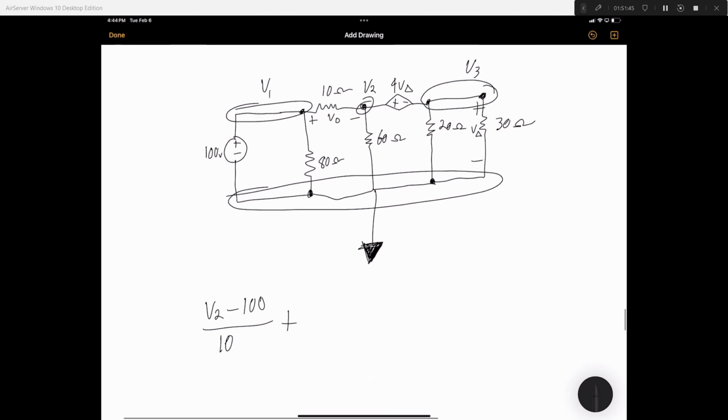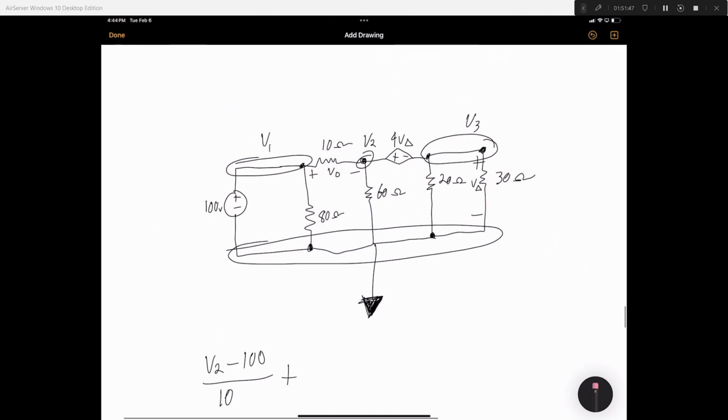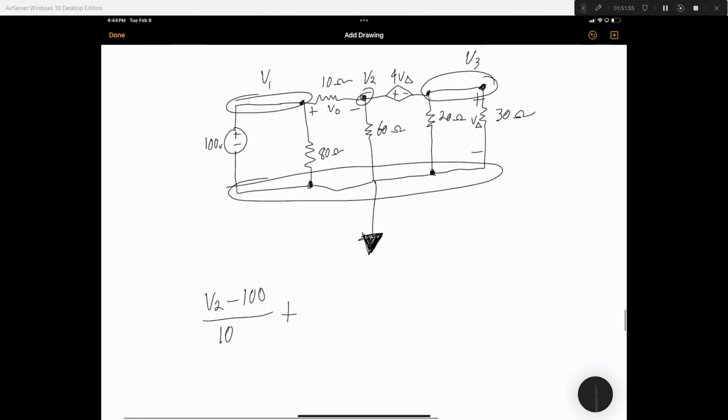I believe this is a supernode. So yeah, this here is a supernode since it's two essential points connected by a voltage source.